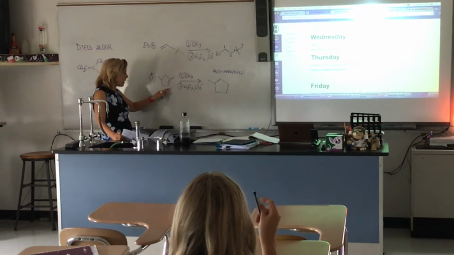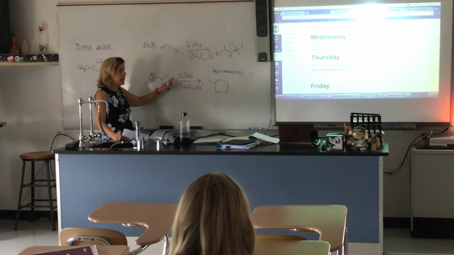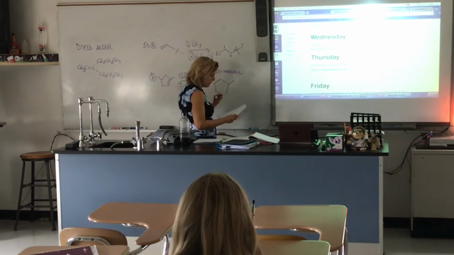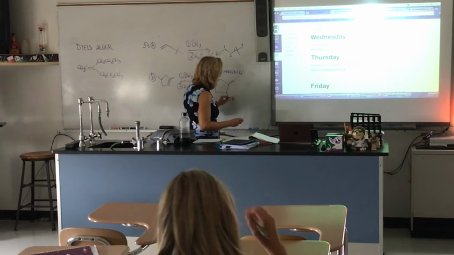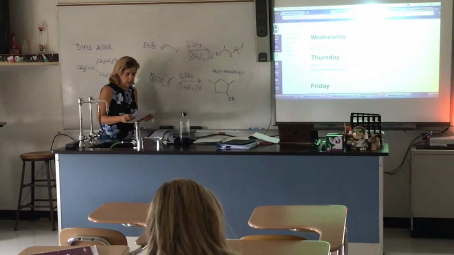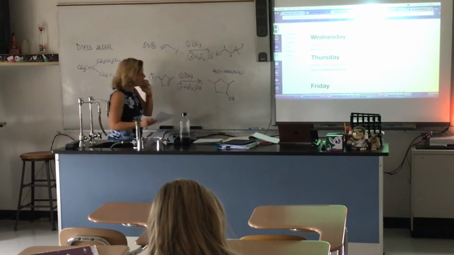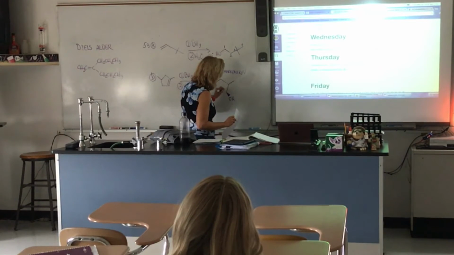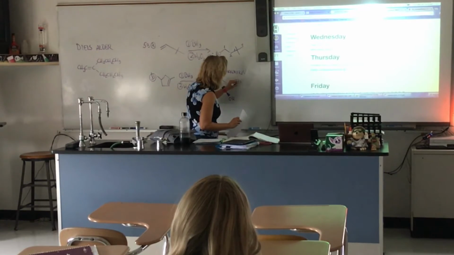So if it followed Markovnikov's rule, the H would go here and the OH would go there. But that's not the case. It's anti-Markovnikov. So you have a methyl group there and you have an OH over here. Okay? And if you want to pay attention to stereochemistry, this is coming out of the page and this is going behind.